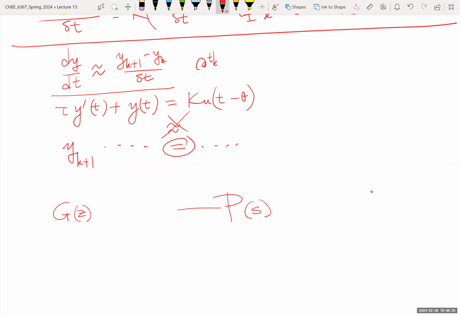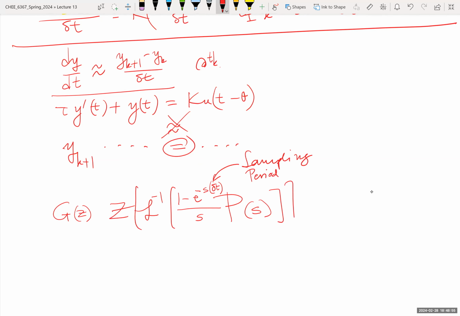You first multiply this by e to the minus sT over s, where T is the sampling period, let's say delta t. Take the inverse Laplace of this, then sample it, and then take the z transform of that. And that will give you G of z.